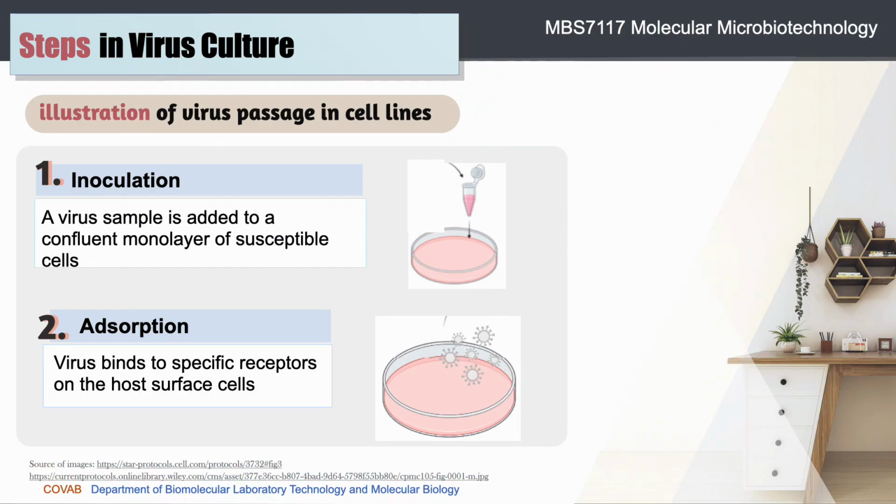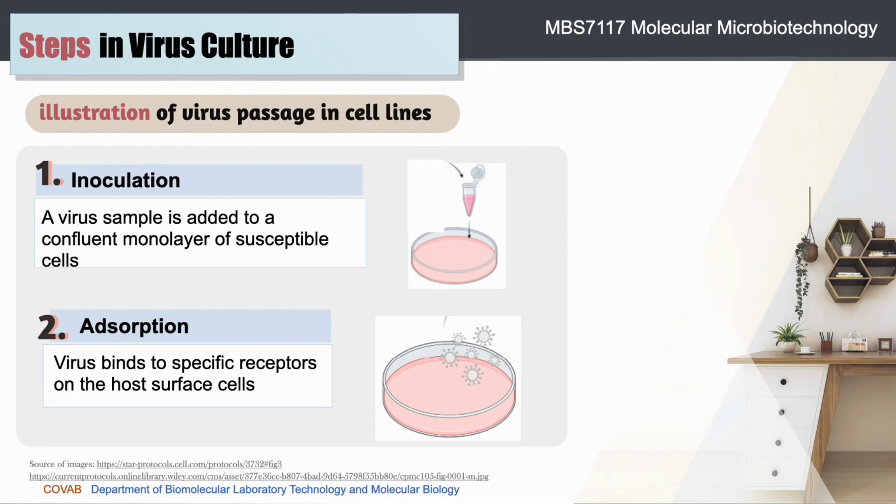So let's continue our lecture, and we're going to look at the steps involved in virus culture on the cell lines. We've identified our different cell lines that we probably wish to use, and now we're going to illustrate how we passage viruses on these cell lines. Number 1, we're going to start with an inoculation. We obtain a confluent monolayer of susceptible cells, and we add virus to them.